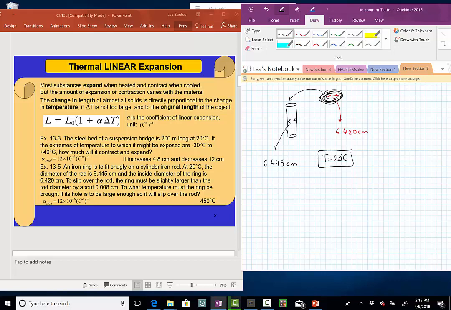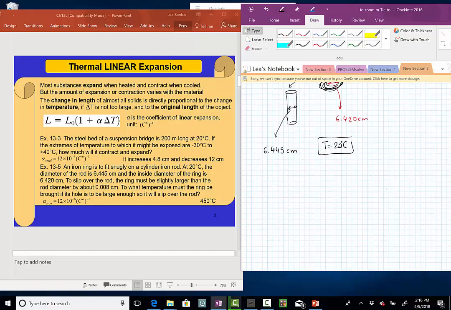So then we can play maybe with this idea of expansion, and this really is what people do in industries when they are building devices. What is the idea here? They say, well, to slip over the rod, the ring must be slightly larger than the rod by this much.